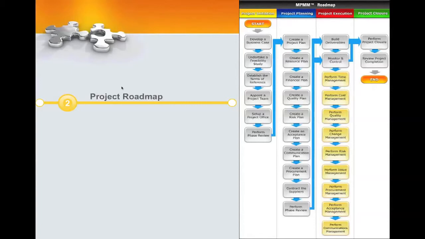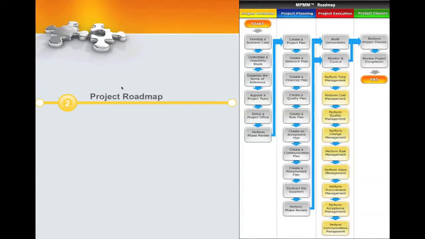So you create your project plan, and on the previous screen, on the outputs, we mentioned that the project plan is composed of several subplans. The subplans look like this. You have a resource plan. What resources do we need? That's resources meaning people. It could mean supplies.